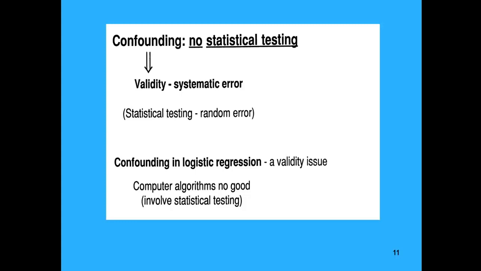When you're talking about confounding, you're talking about systematic error. Are you estimating the right thing? If you're doing random error, then you can talk about doing a test. But confounding has to do with are you shooting at the right target, essentially. And that's why you don't test for confounding.